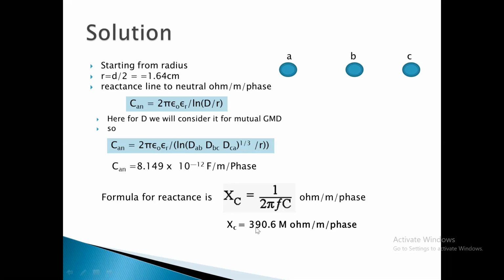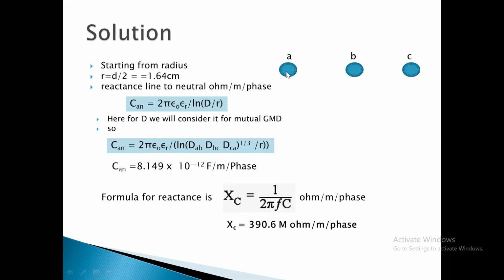So why is the capacitive reactance very high? Because this is actually the line to phase to neutral capacitance. Phase to neutral capacitive. So for example, neutral is over here. If it is phase to neutral, this capacitive reactance is very high because we don't want the current to directly flow from phase to neutral.